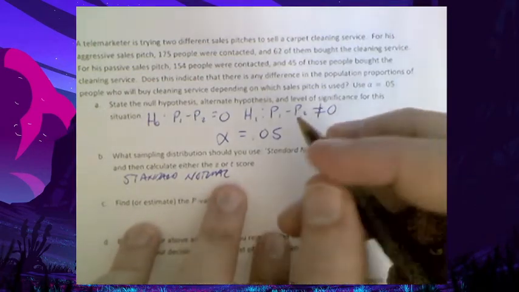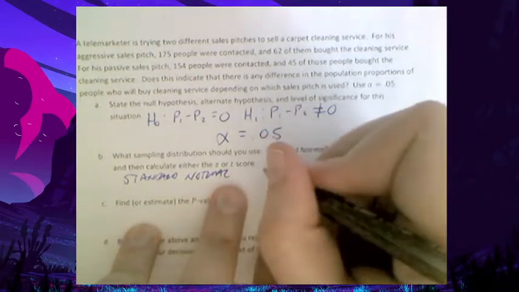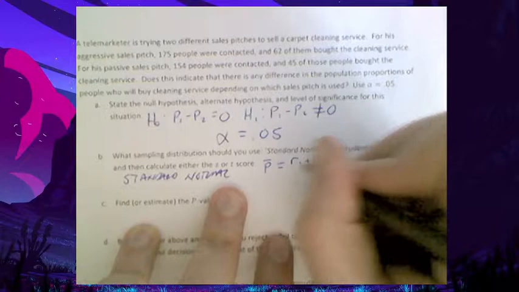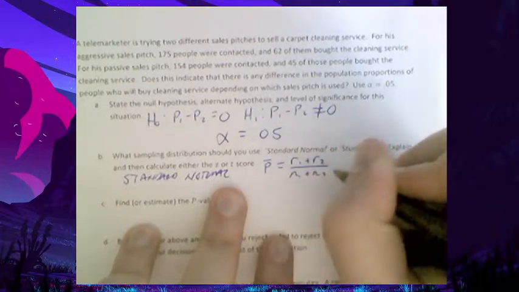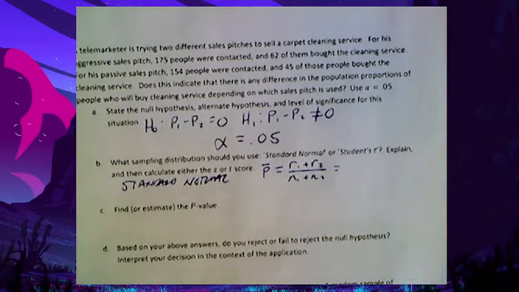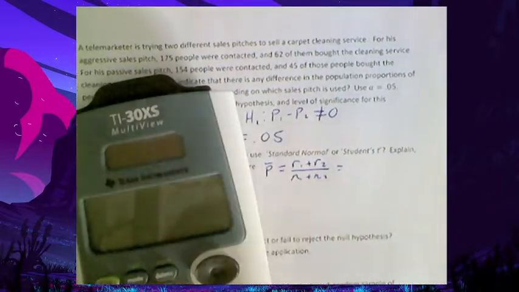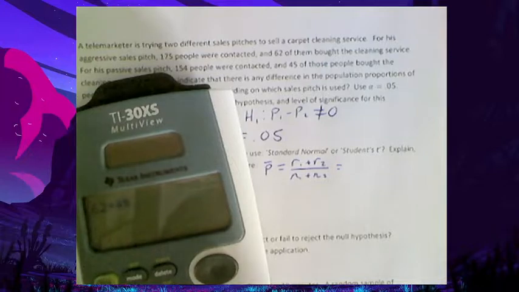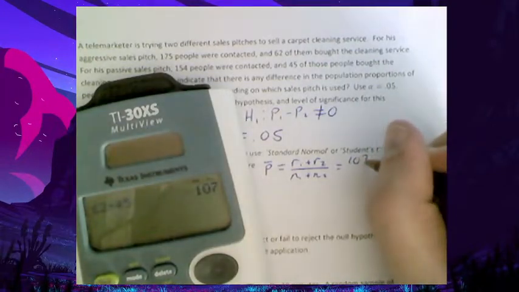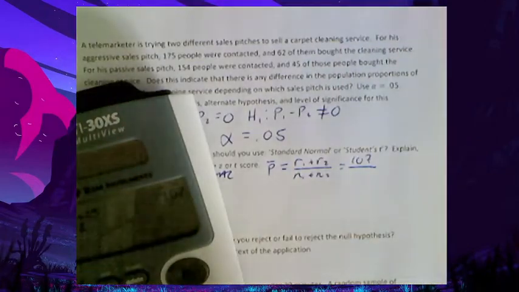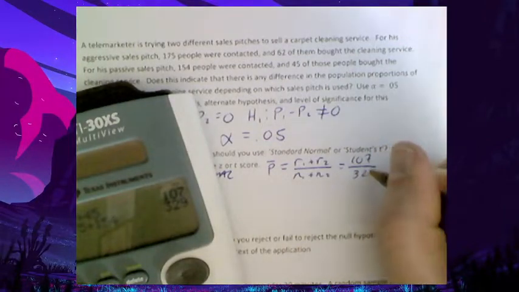To find our z, we first need to find our p bar. Our p bar is r1 plus r2 over n1 plus n2, which is effectively the total yeses over the total for everything. So our total yeses would be 62 plus 45, which is 107, over our total, which is 175 plus 154, which is 329.